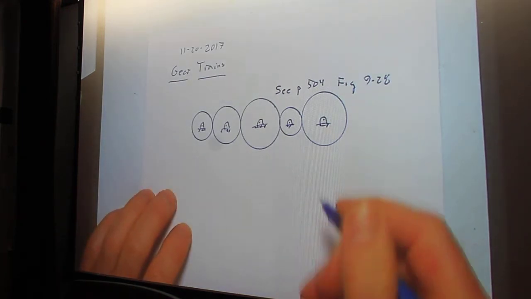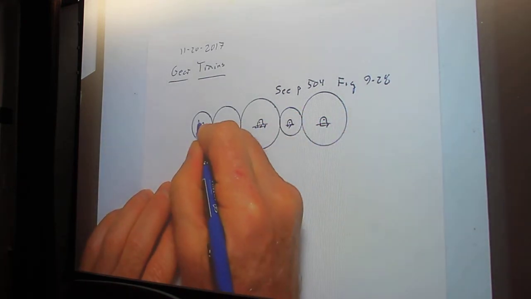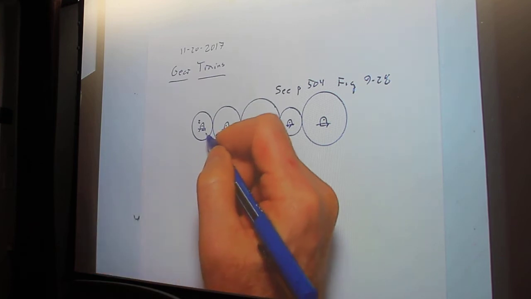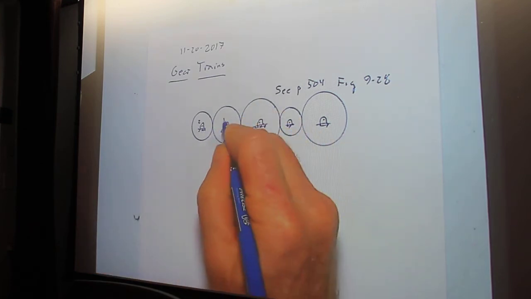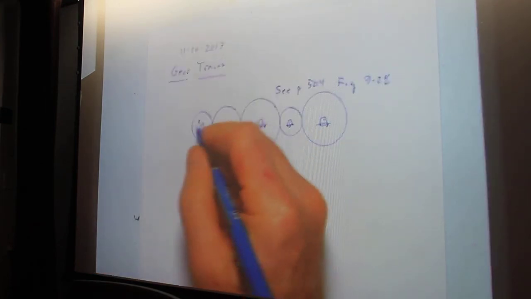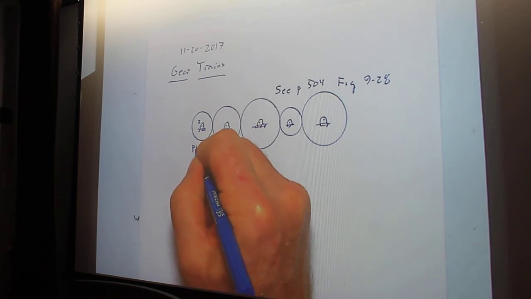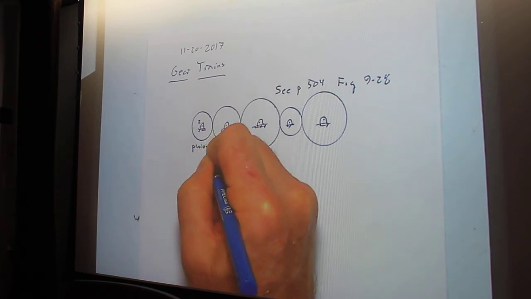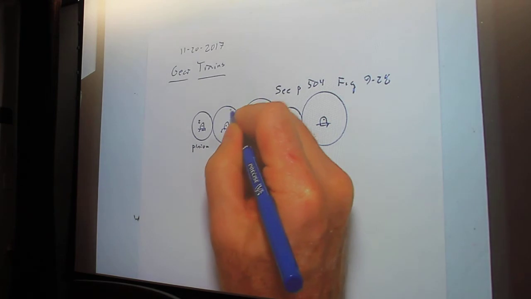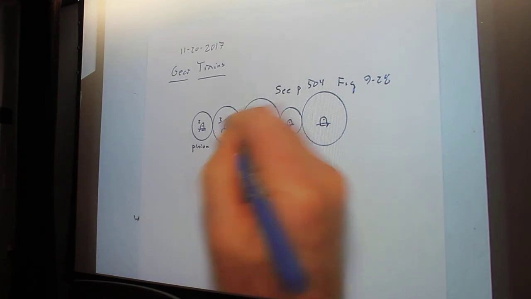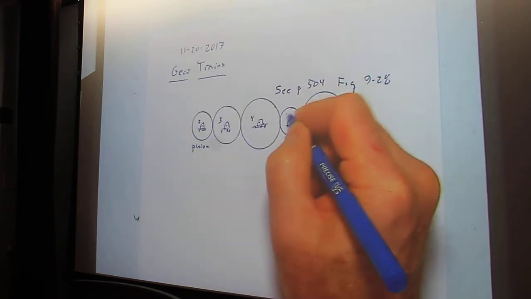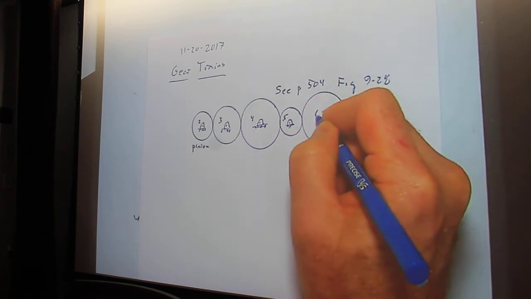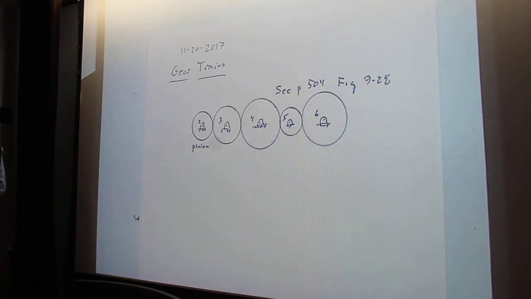What we do is we label these things. Ground is always 1. So start with the pinion gear. This is the pinion. And then you have gear 3, 4, 5, and 6 in this case.